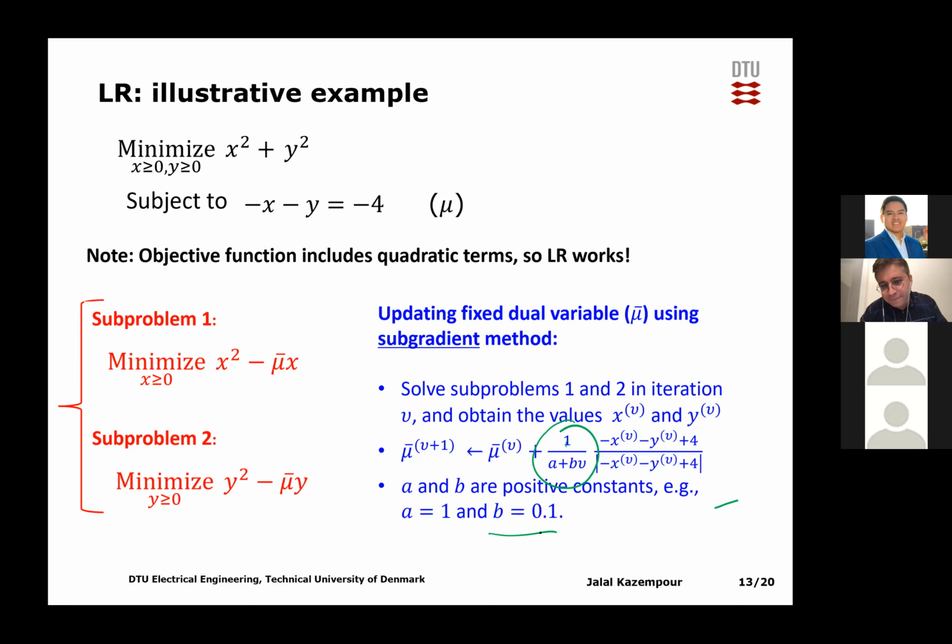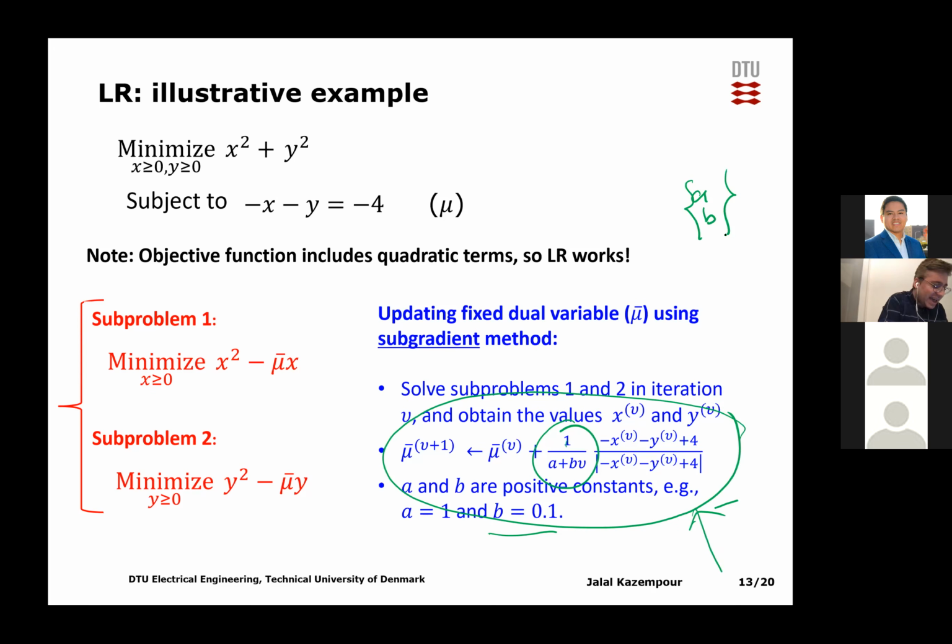Is it clear? Yes. It's a kind of simple approach, but Lagrangian relaxation works better if your update approach for mu bar is more elegant. This might not be very elegant. So in the exercise you will code for tomorrow, try different values of a and b that assign or update your jump.